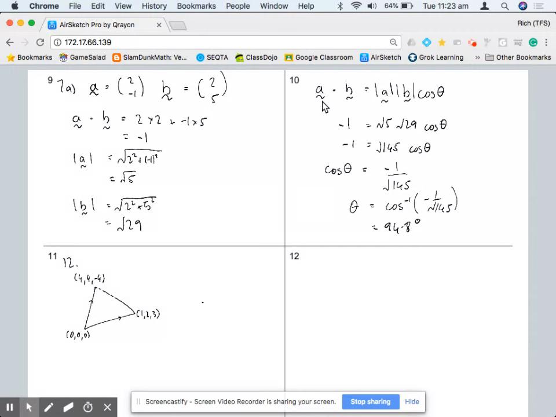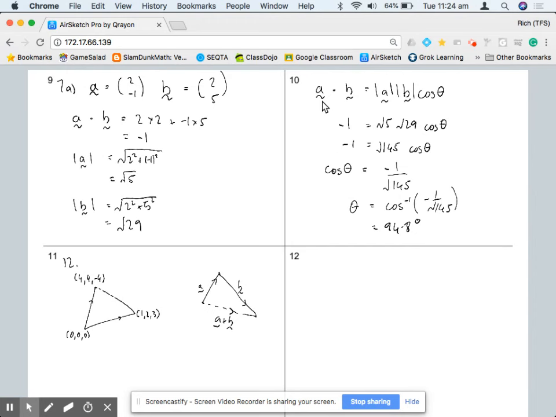So there's the tail of my vector, and then I go in a direction, and then my next vector goes in a different direction like that. Then this would be the addition. So if that's A vector and that's B vector, this would be A plus B vector. Okay, that's how it works.